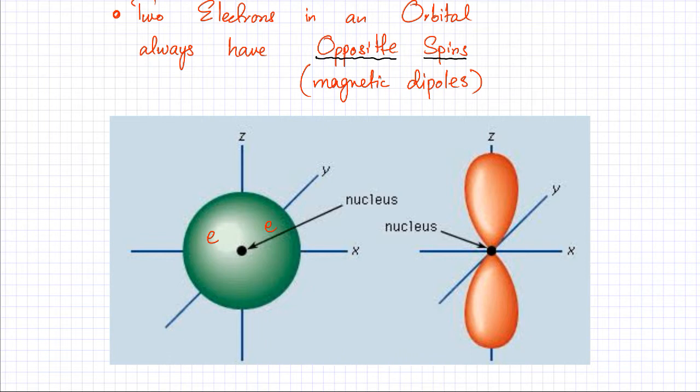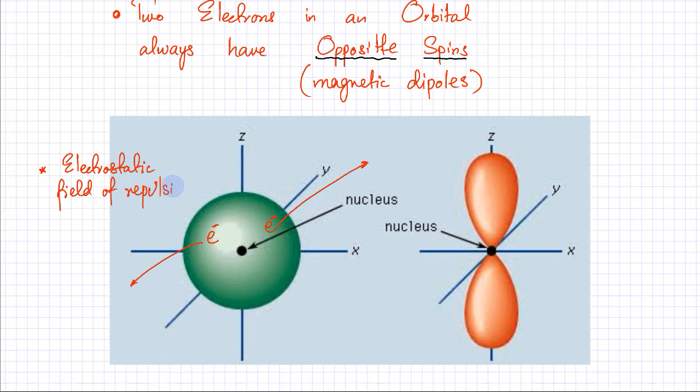Now since both electrons are negatively charged, the 2 electrons would try to repel each other. So 1 electron would repel the other electron in the opposite direction. So there's going to be an electrostatic field of repulsion between the 2 electrons.